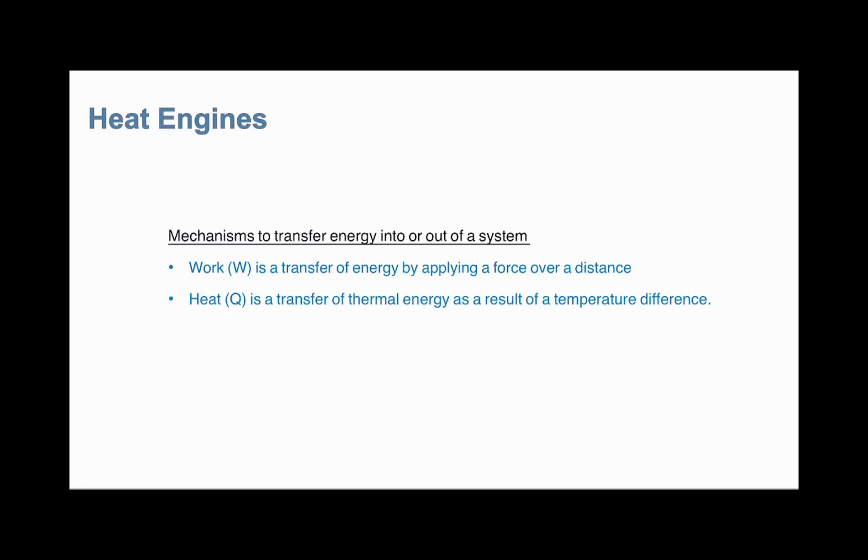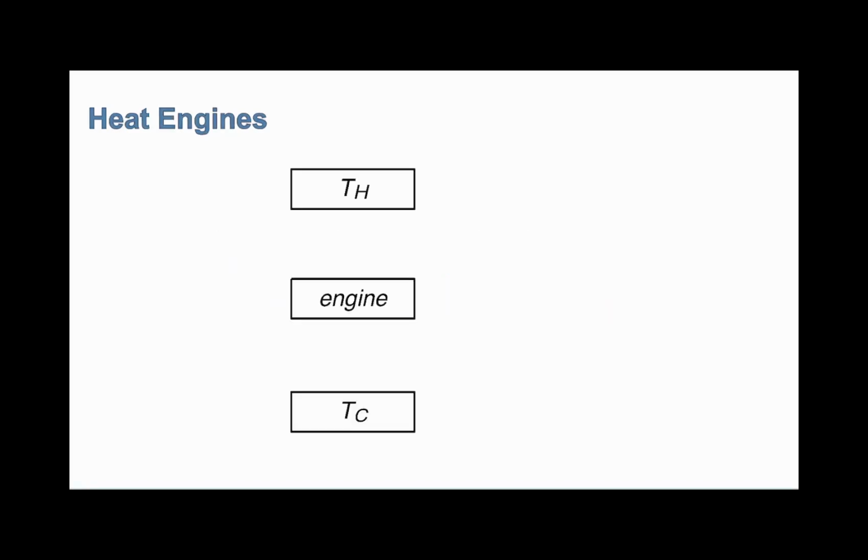Here is a common schematic that we will use to show the work and heat associated with a heat engine. So here's a hot temperature source, here's of course our engine, and then a cold temperature source down here. And so the heat would flow from the hot temperature source. So there's the Q symbol for heat from the hot one, and then from the engine flowing into the cold temperature source down there.